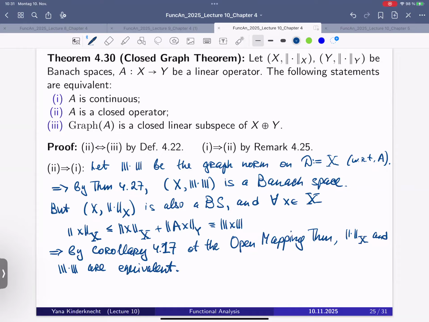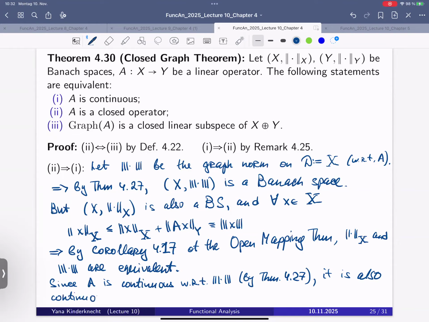Okay, but what does it mean? Since A is continuous with respect to the graph norm by theorem 427, which we have just proved, it is also continuous with respect to the original norm.